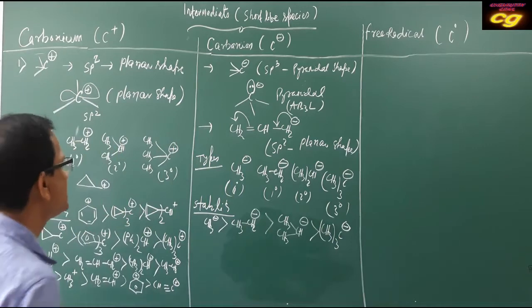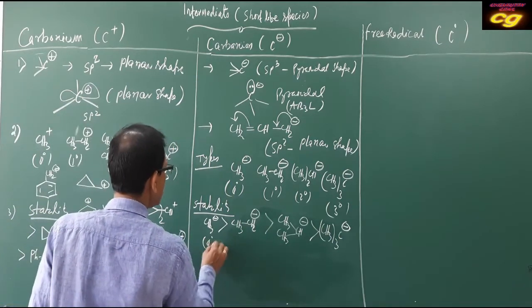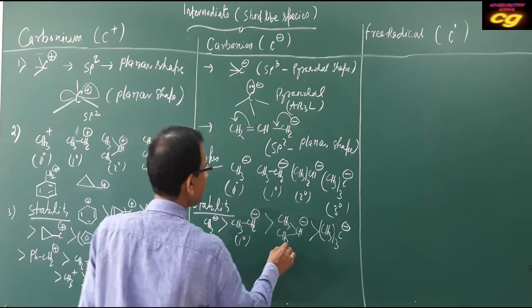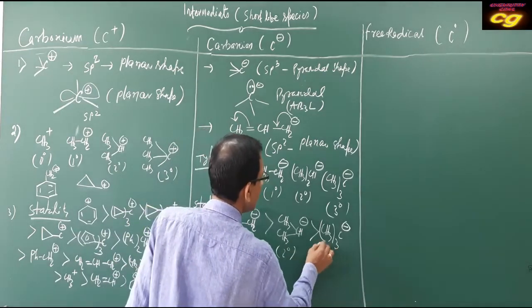So this is 0 degree, 1 degree, 2 degree and 3 degree.